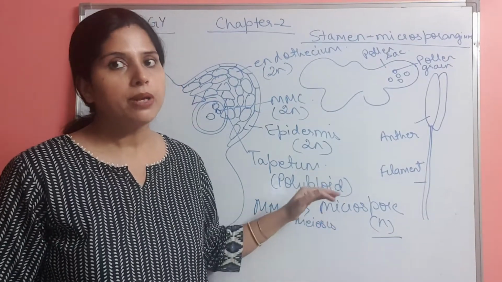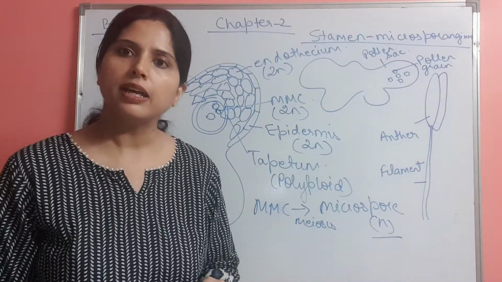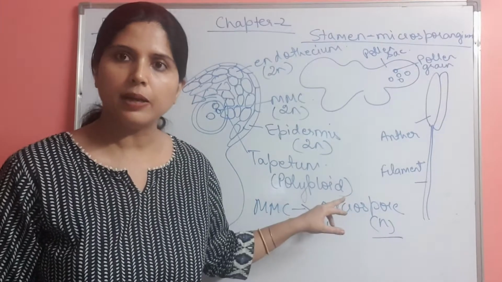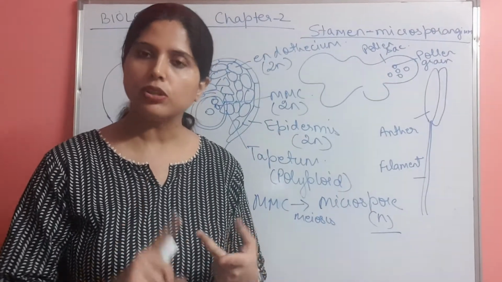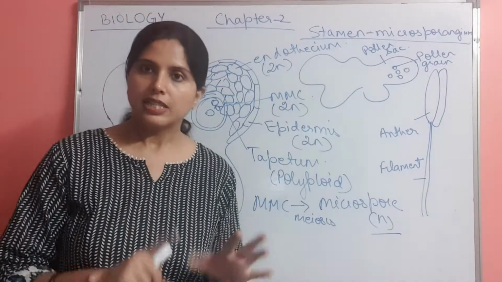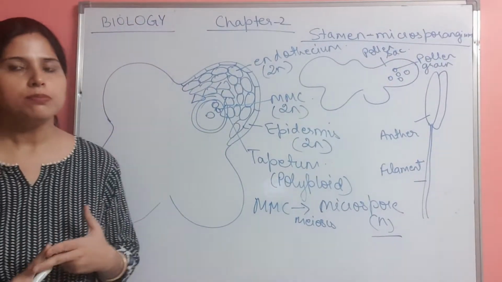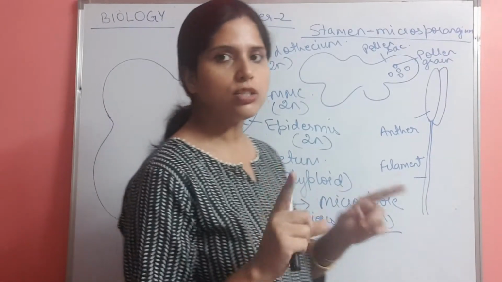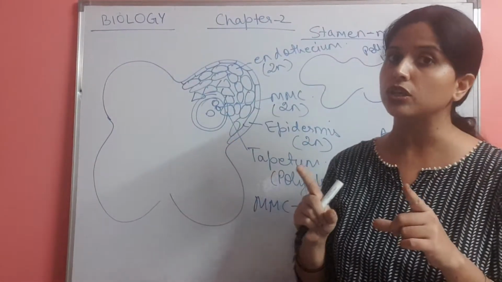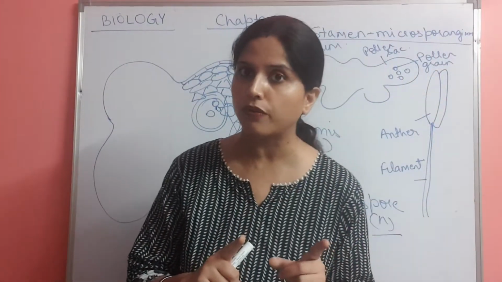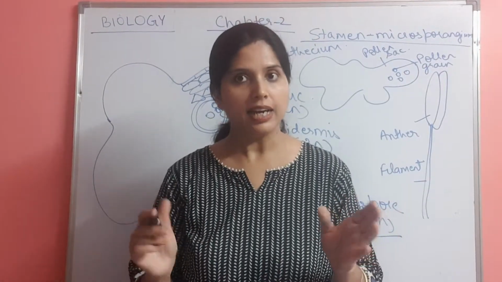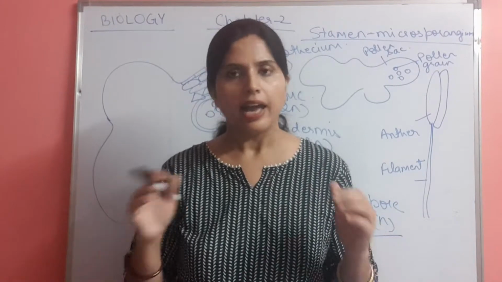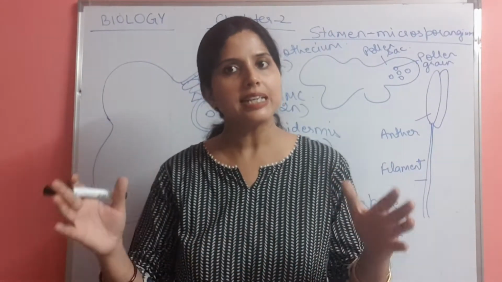Secondly, when we study the detailed structure of tapetum, there are 2 types: secretory tapetum and absorptive tapetum. The difference between the two lies on the basis of the nature of the nutrition it is providing to the microspore mother cell. Either it is going to dissolve itself or it is going to release the cell.